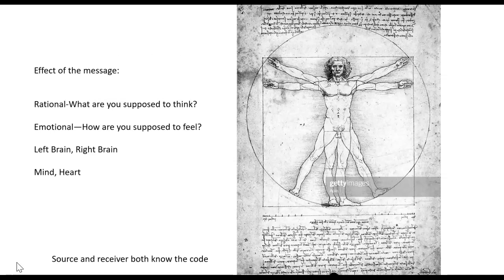Messages appeal to our logic and our rational brain, which I think is our left brain or our right brain? You guys tell me, I don't remember. Also, messages appeal to our emotions. Mind, heart, left brain, right brain, rational, emotional.